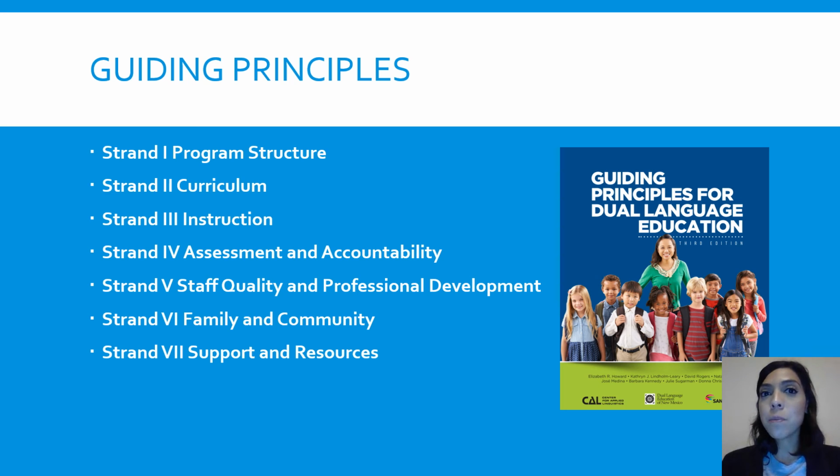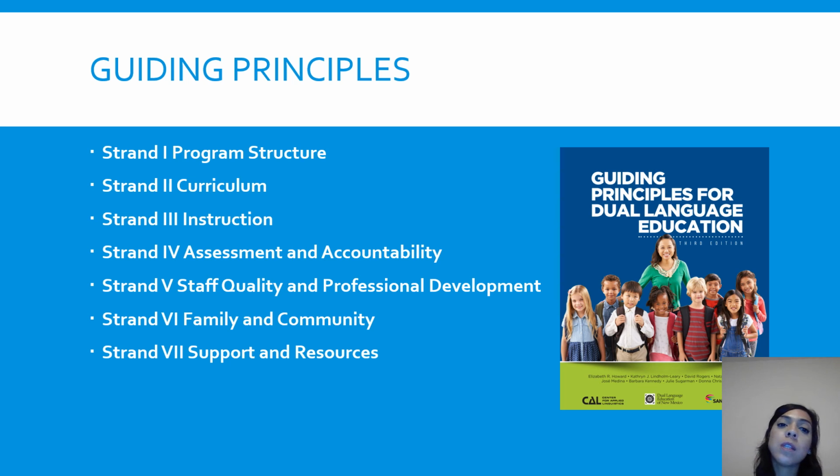And we can see how it pays off in our students' results. Family and community, like I just talked about, family and community are the key to have a successful dual language program. And our families, if they're not kept in the loop, we're not going to be successful. So we need to keep them in the loop.